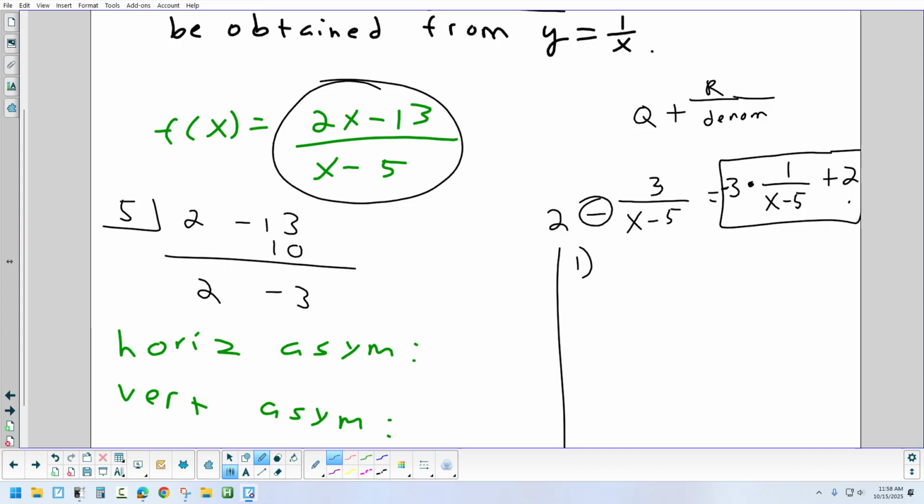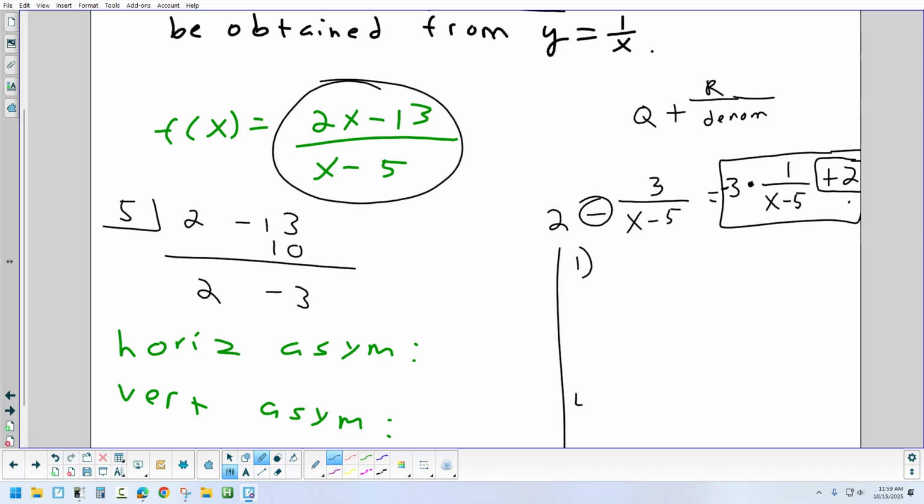What's the first thing that you would write down to describe the transformations? Yeah, vertical shift by 2. So that was in box D. So that's the very last one. Okay, so we are going to write vertical shift 2.